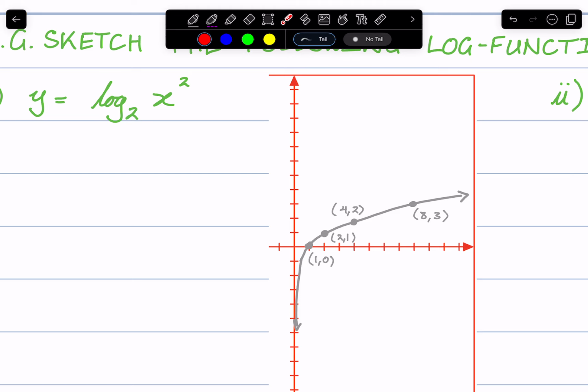For example, if we put x equaling 1, so we're ignoring the to the power of 2 for now, log of 1, no matter the base, I hope you understand now, is going to be 0.